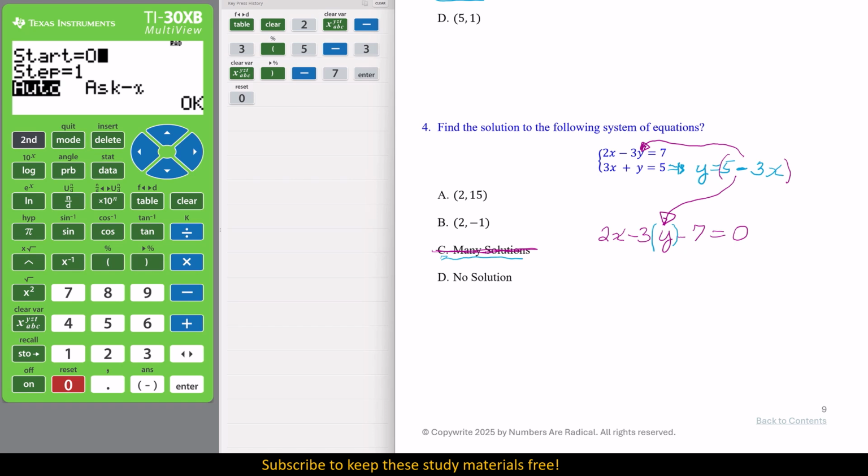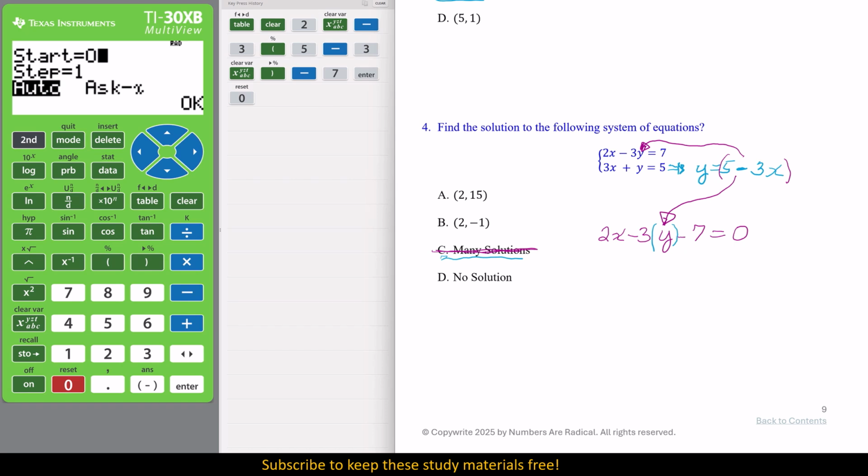Now, no solution. How do you know about no solution? Well, no solution would mean that somehow we would have to see the same slope when we put these in y-intercept form. And I'm looking at these, and I know you need to work them out, but when we try to create that, we would have -3, 2 divided by -3, and anyway, doesn't matter.